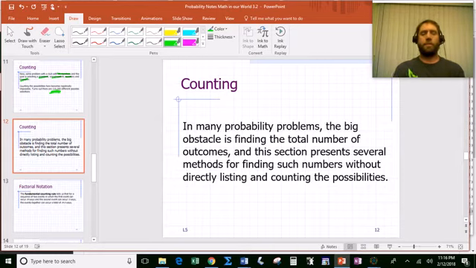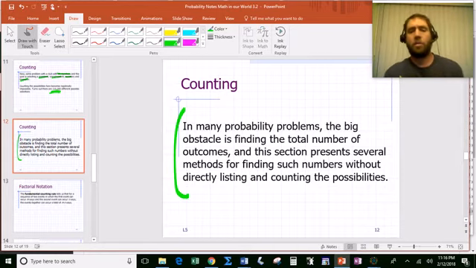Okay, and this just summarizes what I've just been talking about. Since calculating probability comes down to counting, and when the sets are really, really large, counting by listing is no longer feasible or logistically possible.